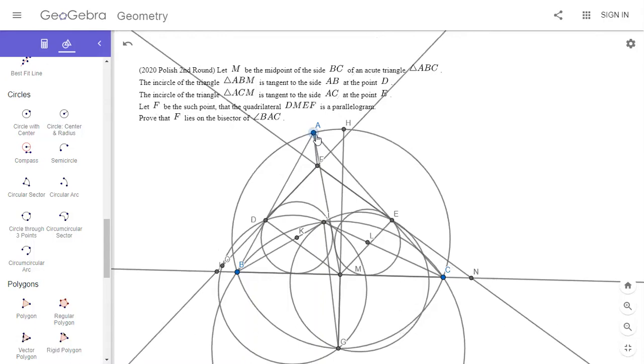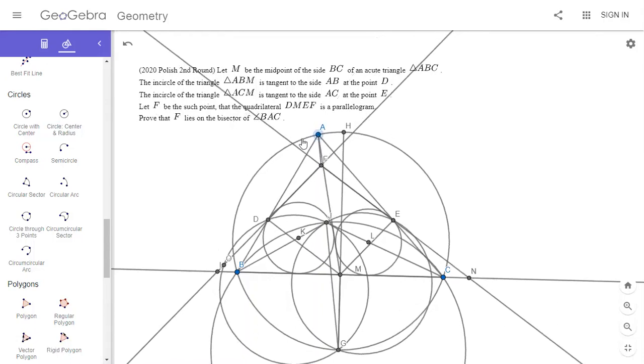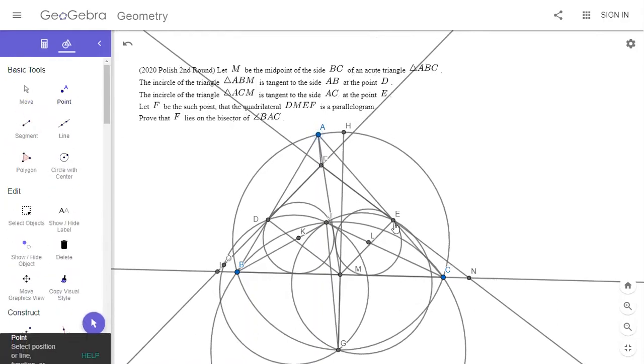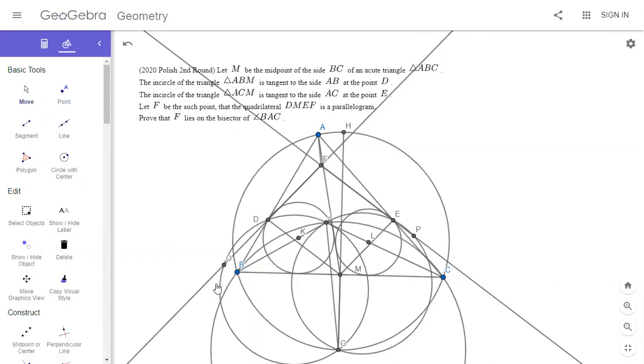Let's see. I could let it intersect at another point. So we want to show, let me delete this, I want to show ODEP is cyclic.